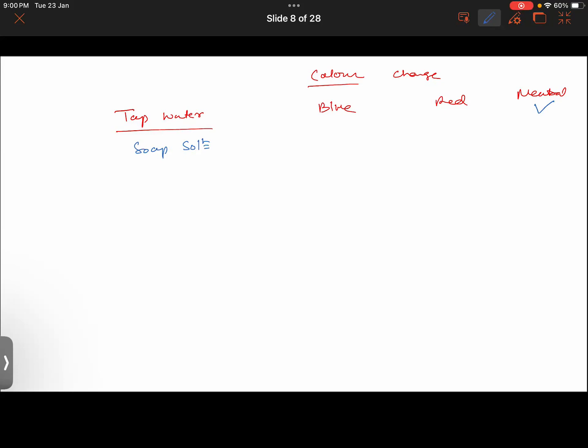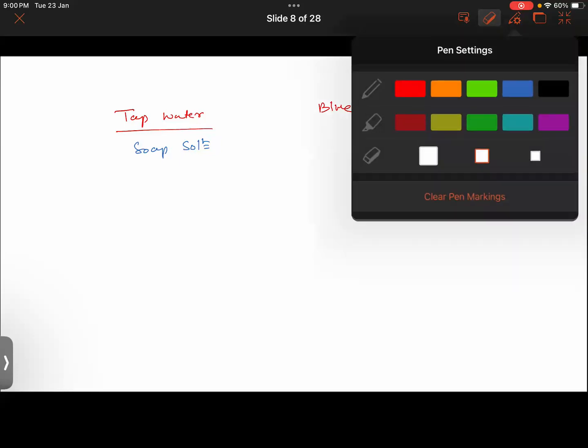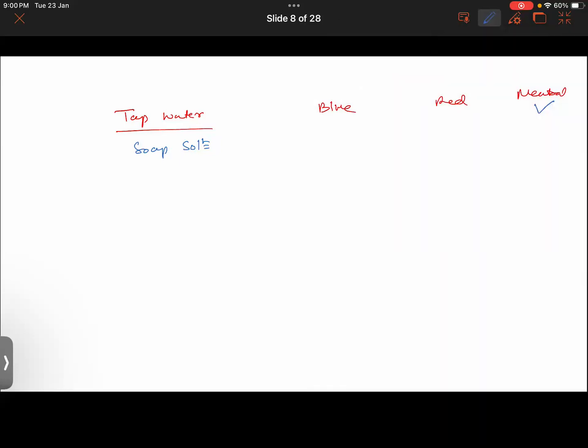What if you were to have a soap solution? Will it be blue or red? By the way, we have not taken this paper right now. Let me make one more box over here. Say that you have taken a red litmus paper, and then you have taken a blue litmus paper.